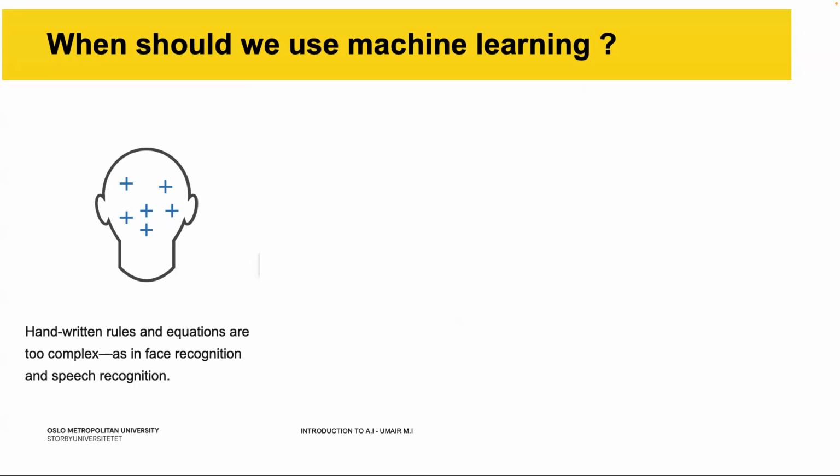The general rule of thumb is that if you look at a problem and you realize that you have certain data which is very hard to process using normal programming, like equations are complex, handwritten rules become too complex, like you cannot have thousands and thousands of rules, then perhaps you should use AI, because you don't have a rule-based system anymore. It's a pattern-based system.